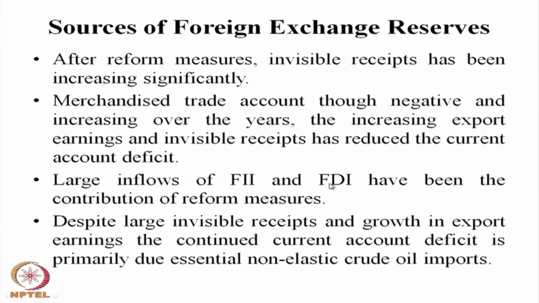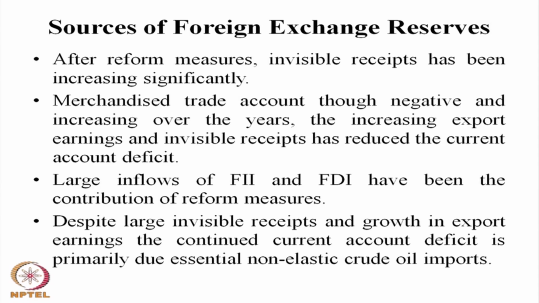If you analyze the sources of foreign exchange reserve in India over the last 20 years of data, what we have discussed here is that the sources of foreign exchange earning in India after the reform measures, the invisible receipts, have been increasingly significant, and the merchandise trade account, though negative and increasing over the years, the increasing export earning and invisible receipts have reduced the current account deficit.